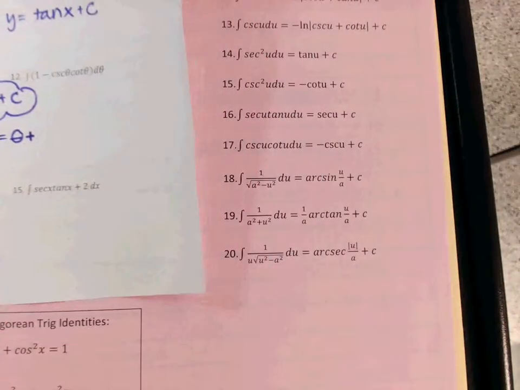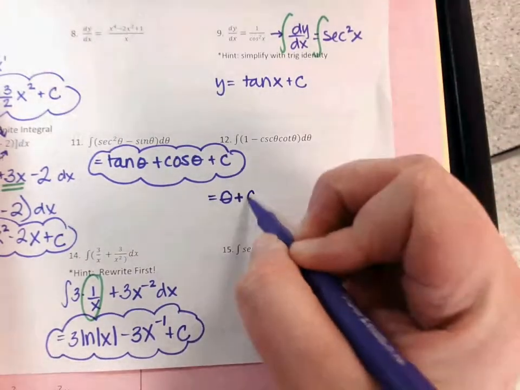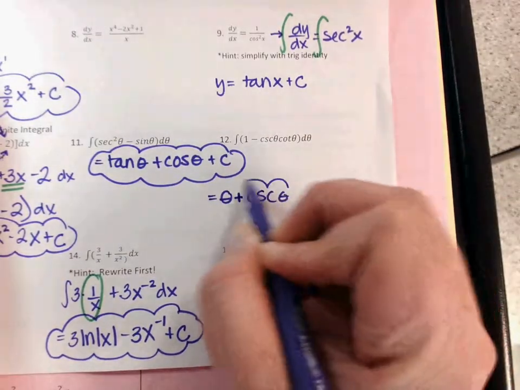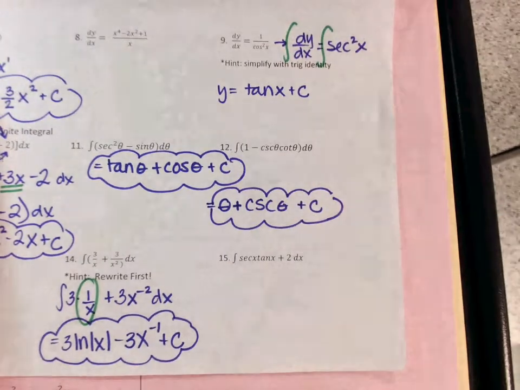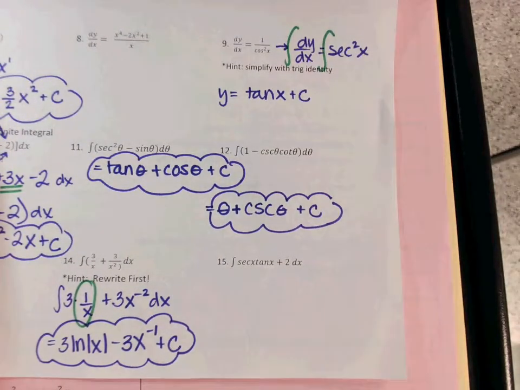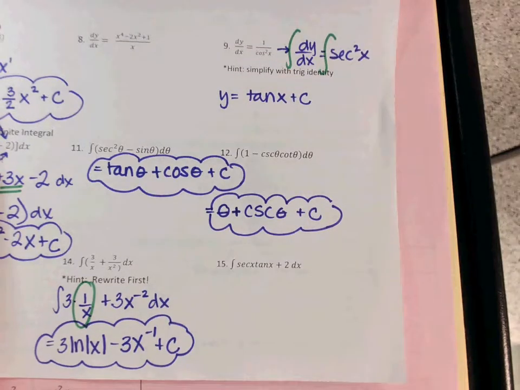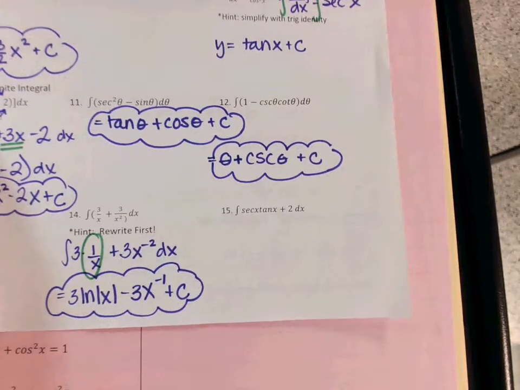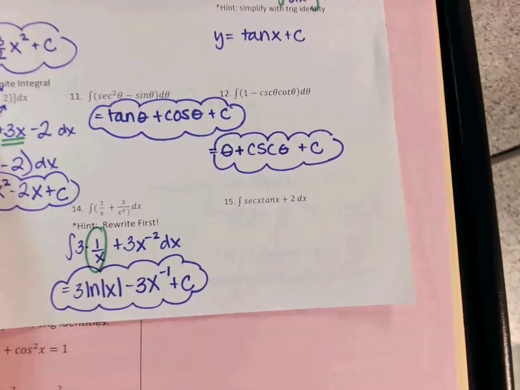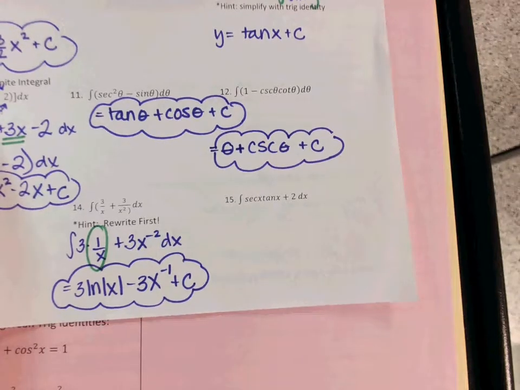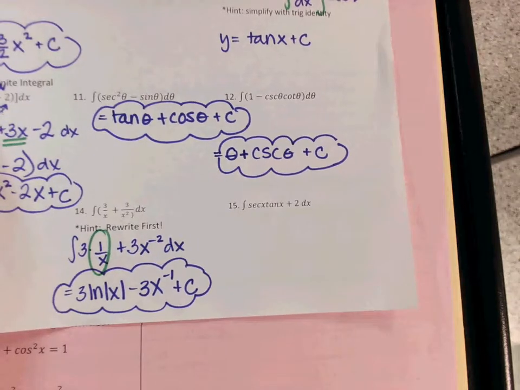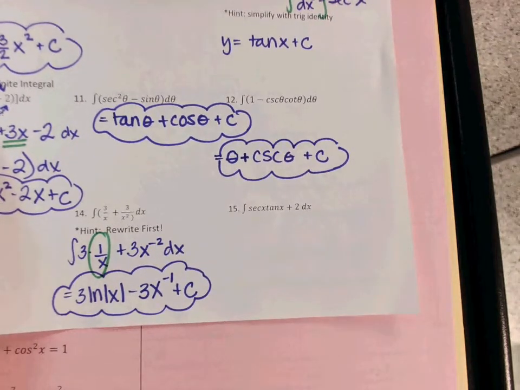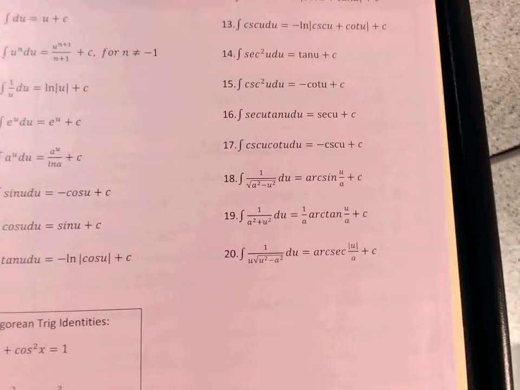And then it would be cosecant theta plus c. Got it? I'm sorry? Uh-huh. Yeah, so it's technically a 1 theta. Think about like if it was a 3, the integral would be 3 theta. You're just switching out the x for theta instead.